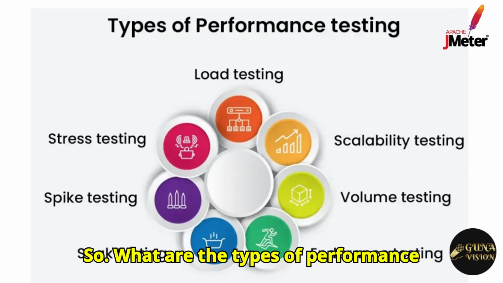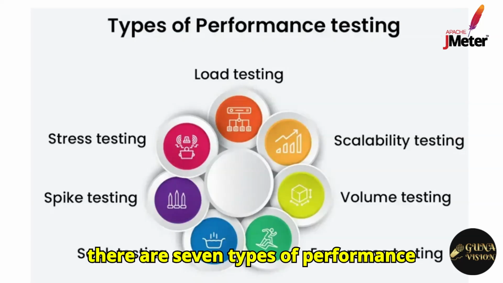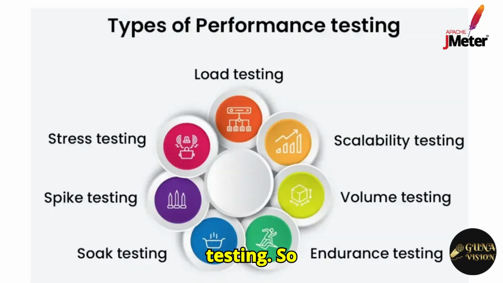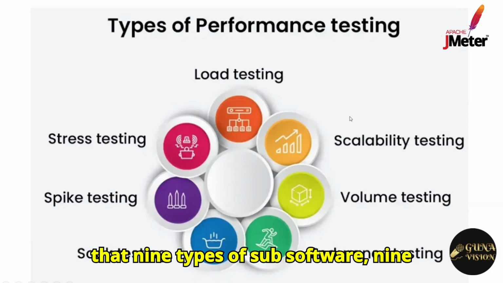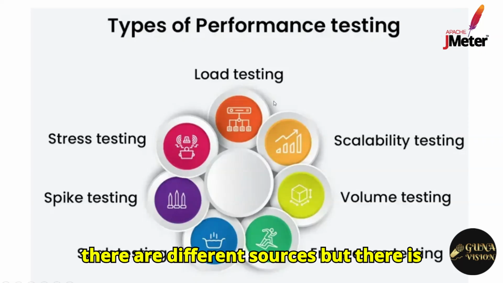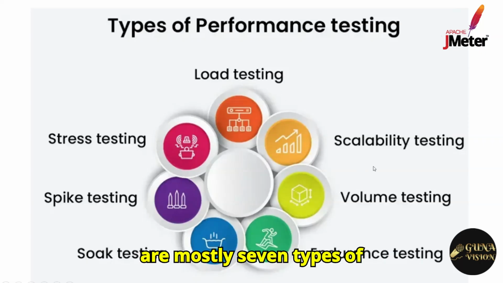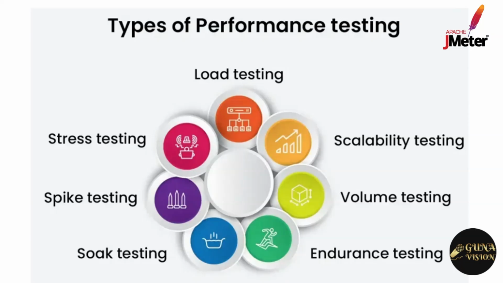So what are the types of performance testing? There are 7 types of performance testing. Somewhere you will find 9 types mentioned. There are different sources, but mostly there are 7 types. Sometimes they talk about peak testing and breakdown testing.